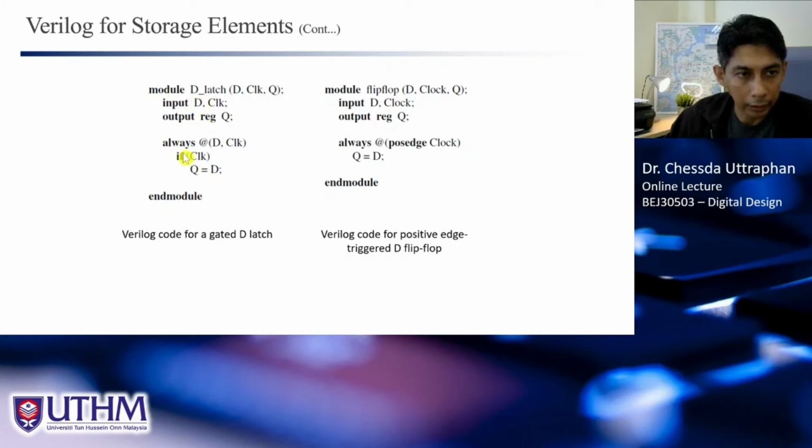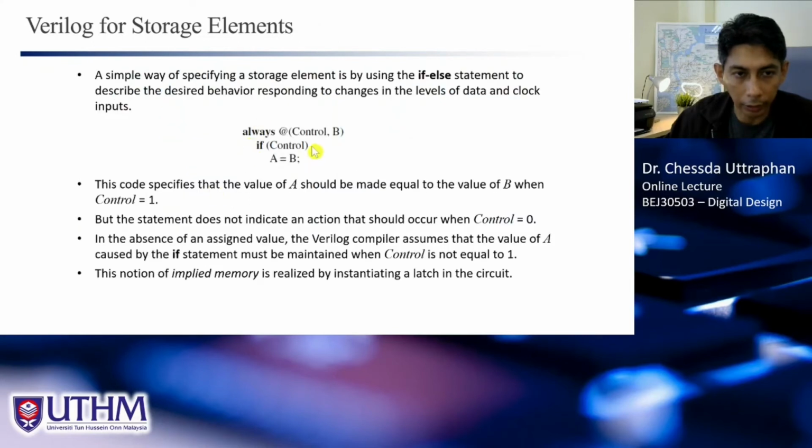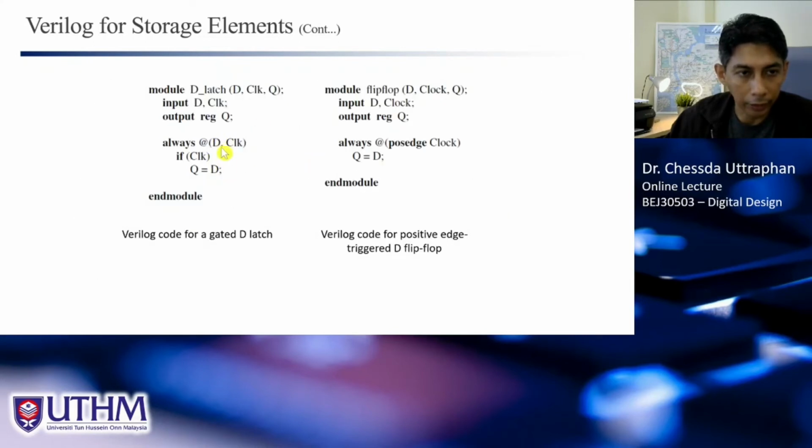Very easy actually. If clock, Q equals D, same as this one. We have D input and clock input, and if clock is active, the output Q is equal to D, and if clock is not active, the output Q will remain Q. And this is how we create D flip-flops.